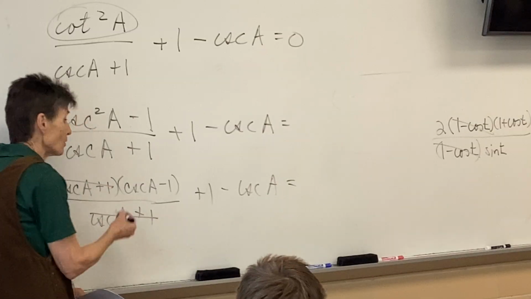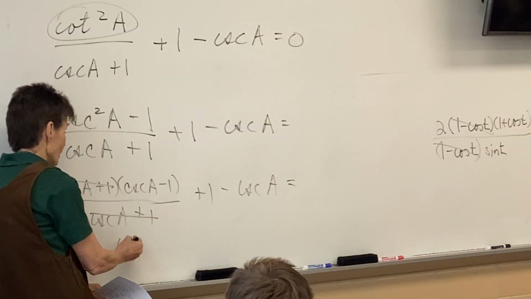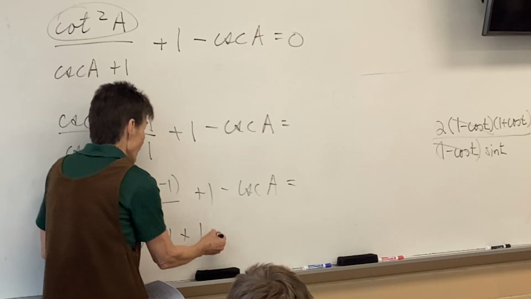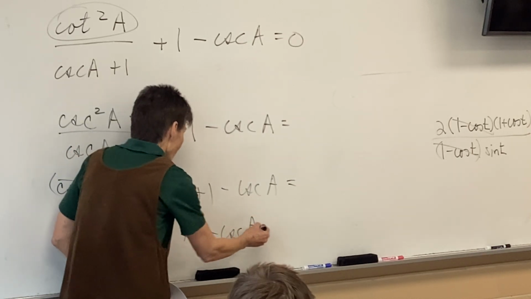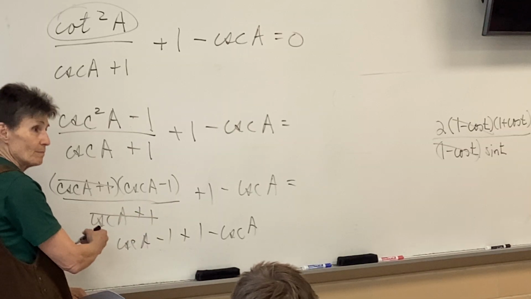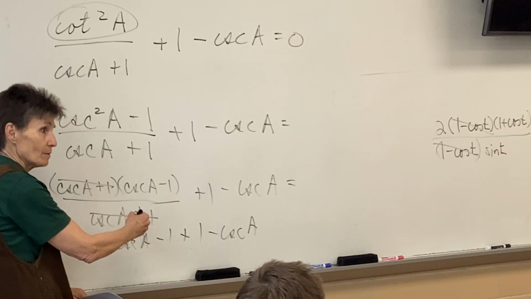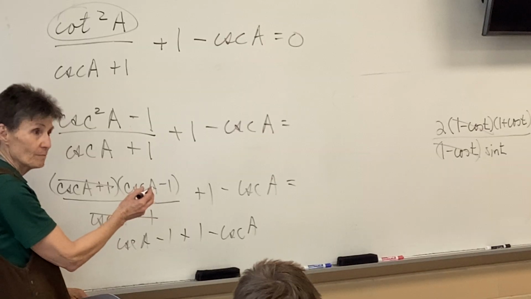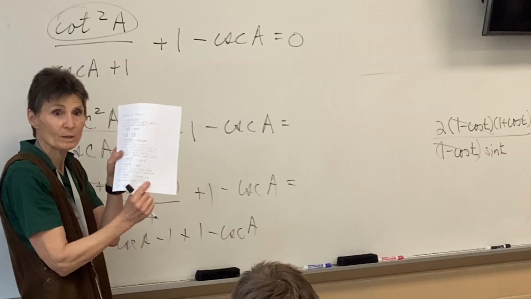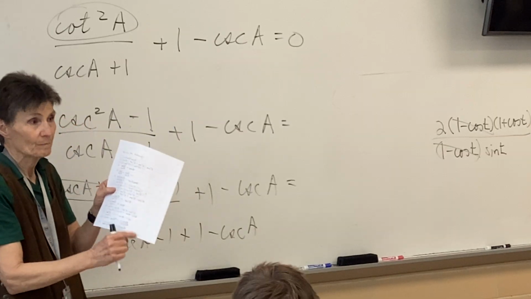These are gonna cancel, and what are you gonna be left with? Cosecant minus 1 plus 1 minus cosecant. Well, what happens when you collect like terms? They all go away, and we're left with exactly what we were supposed to be left with, which is 0.